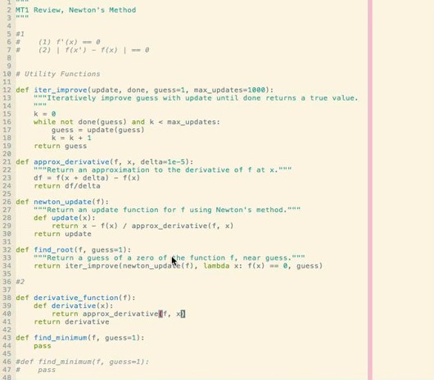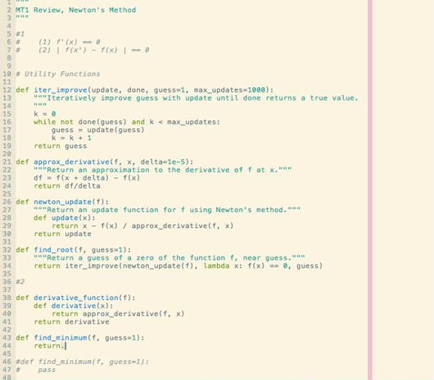So essentially what I've done here is I've taken this approx derivative function and used it to wrap a second derivative of x function, and I've first passed in the function f. The function that is returned will take an x, and it will pass this x in here, and we'll evaluate the derivative then. Okay?